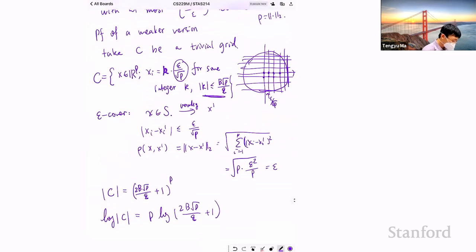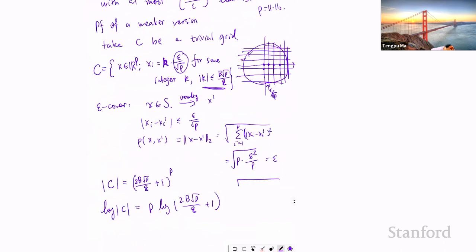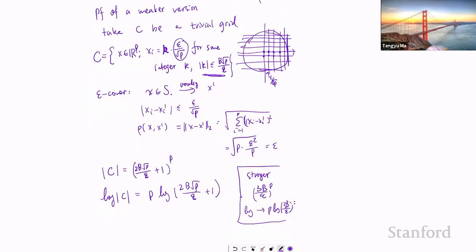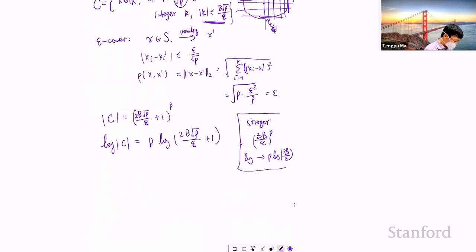The stronger version was (3B over epsilon) to the power P, and the log becomes P log (3B over epsilon). If you compare the stronger version with the weaker version, the only difference is the square root P in the log. So that's why eventually it doesn't change the bound too much. Okay, cool. So this is our proof for the weaker version of the lemma.